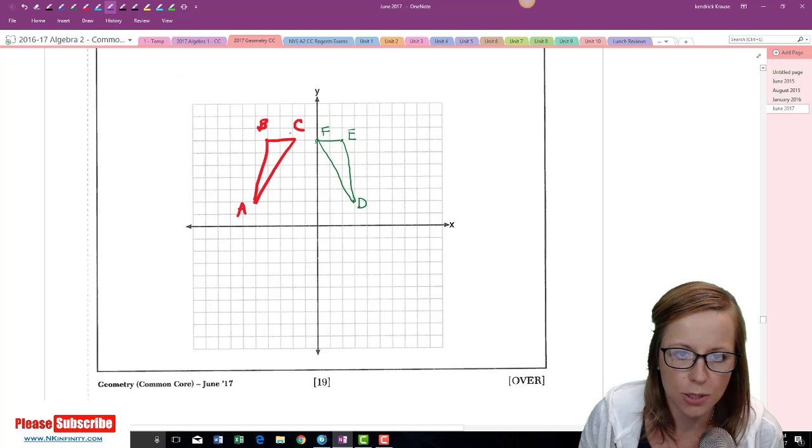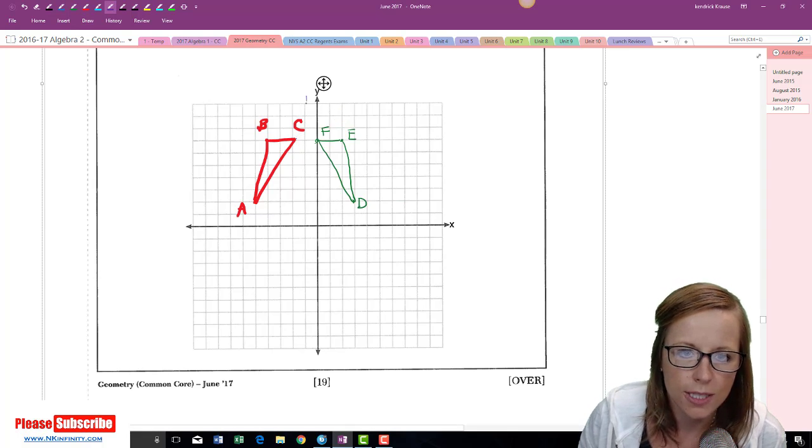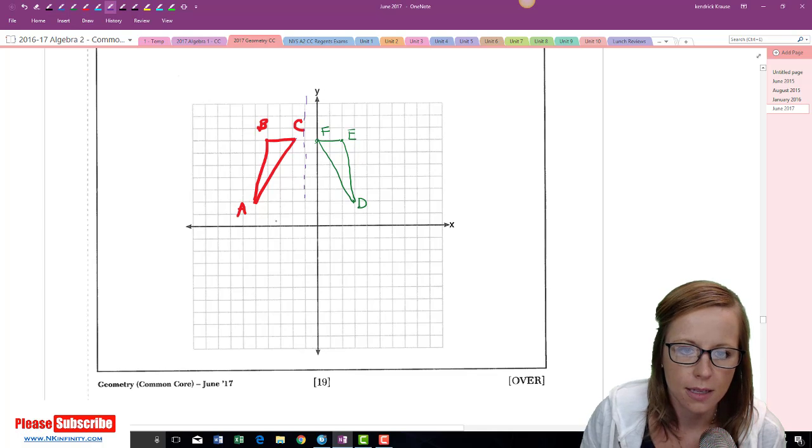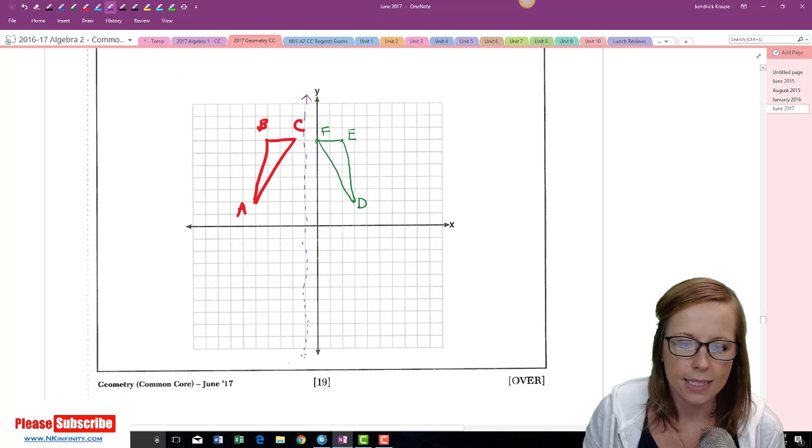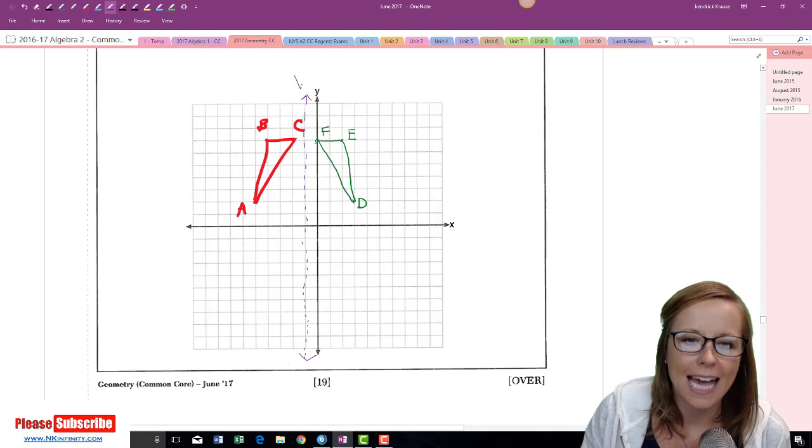Okay, so what's halfway between C and F? Well, it looks like this guy right here, which is this line. And one of the biggest mistakes I have seen from kids since the beginning of time, also known as since I was in high school, is not knowing equations of vertical lines. It's x equals -1 there.